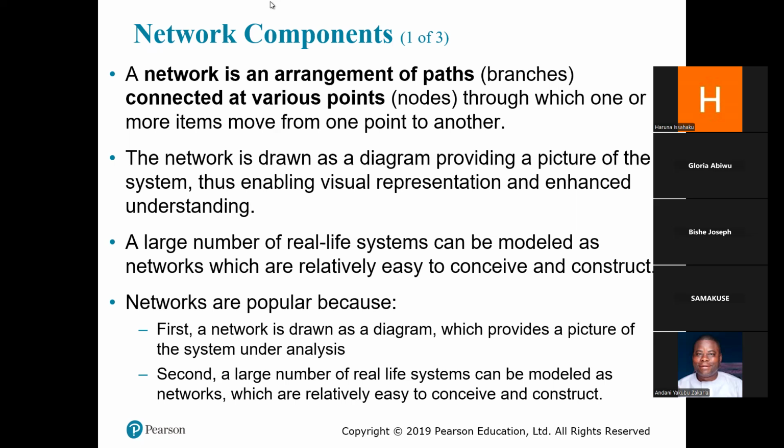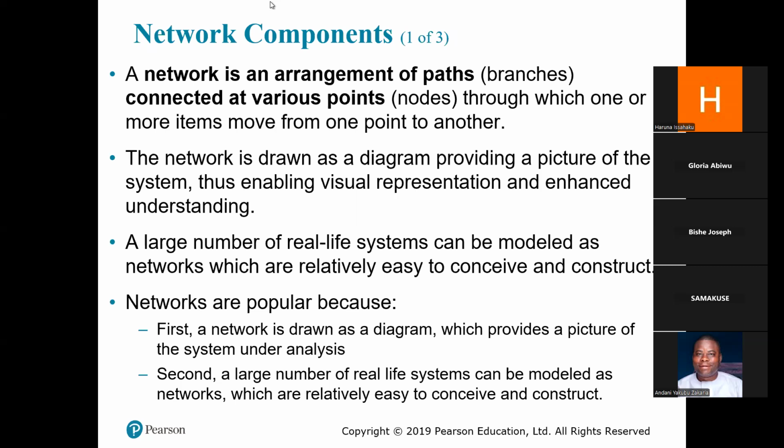Now, in real life, there are so many situations that can be modeled as a network. All around us, there are numerous examples of networks, and very soon I will provide some examples.